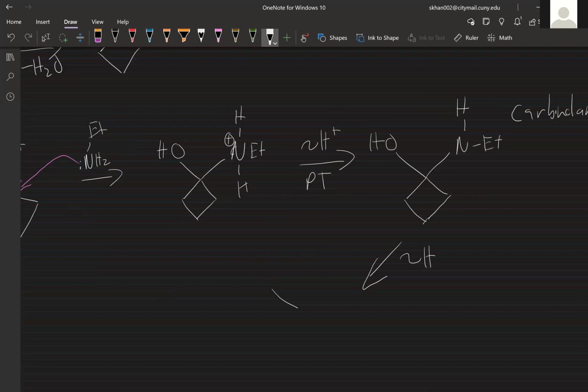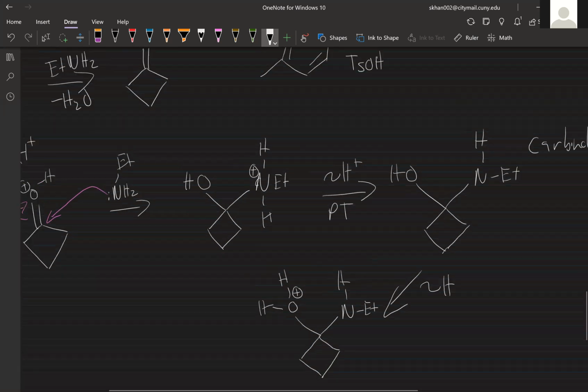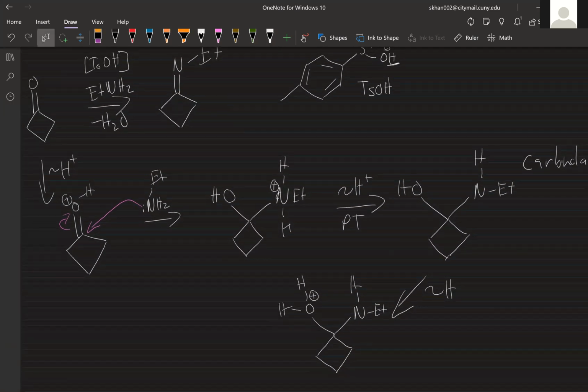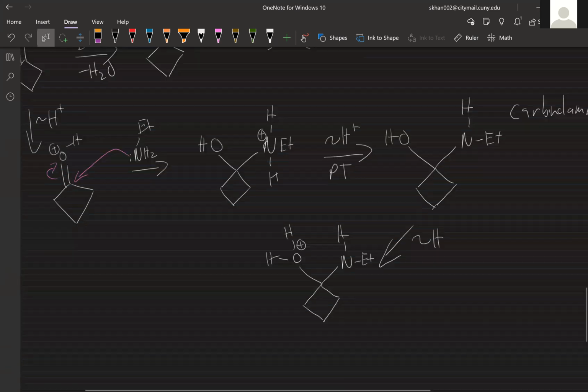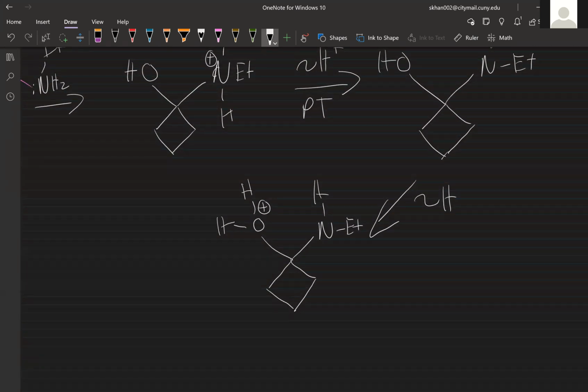Okay, so what do we have here? This is now going to be OH2 plus. Now we form our, remember the main thing here is you have a carbon-nitrogen double bond. It was not shown all this time, but the lone pair is still technically there.